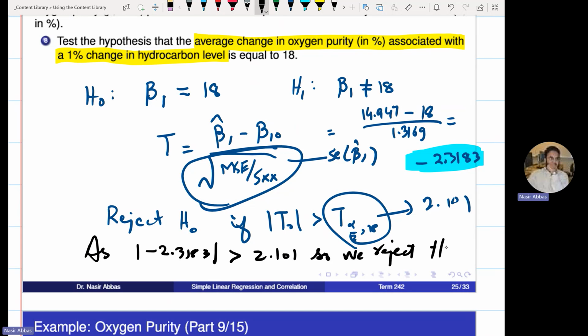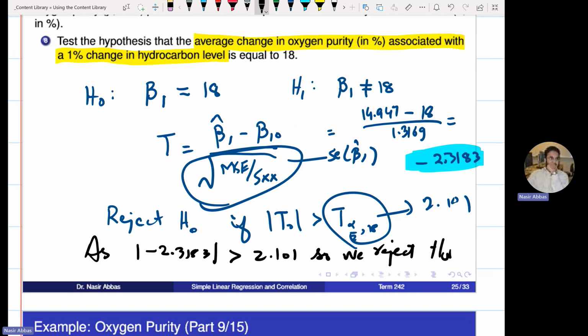What do you conclude? That the average change in oxygen purity associated with 1% change in hydrocarbon level is significantly different from 18.